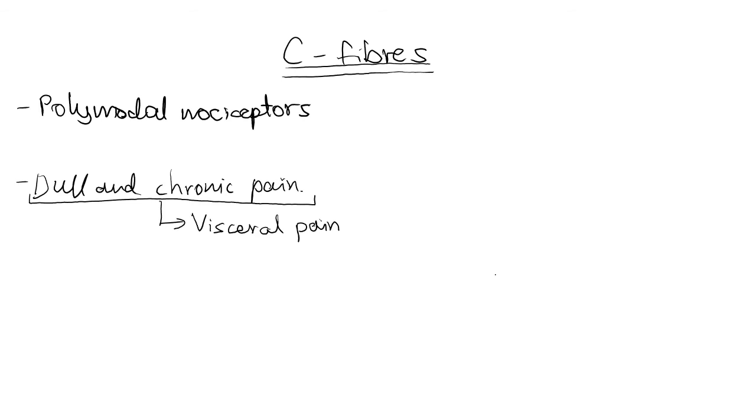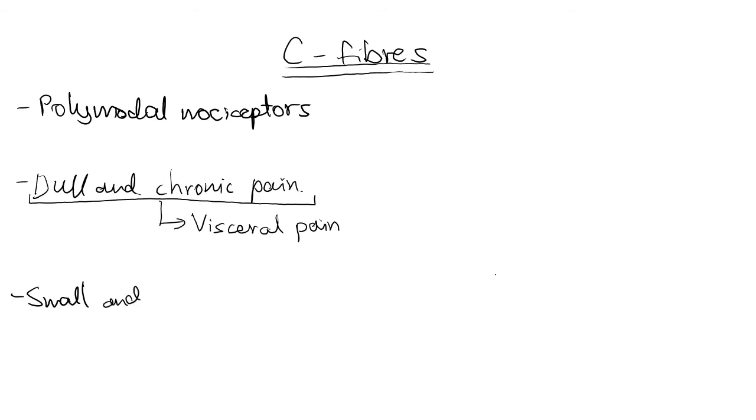But going back to the physical structure of these C fibers, they are small and unmyelinated fibers, meaning that transmission speeds are relatively lower. Something that's good for these C fibers is that they are small, so that does increase the ability of the transmission of these fibers.